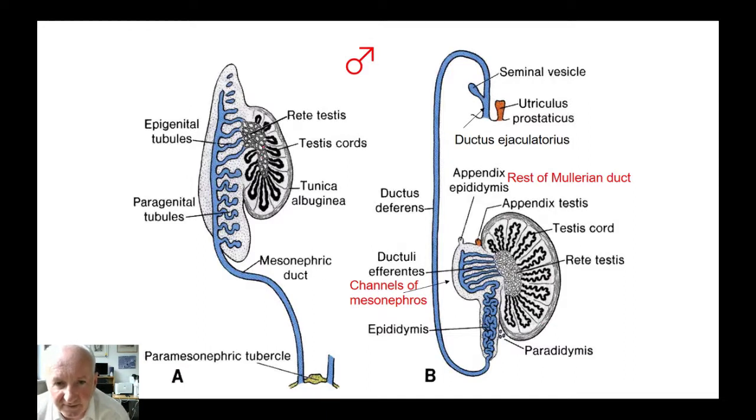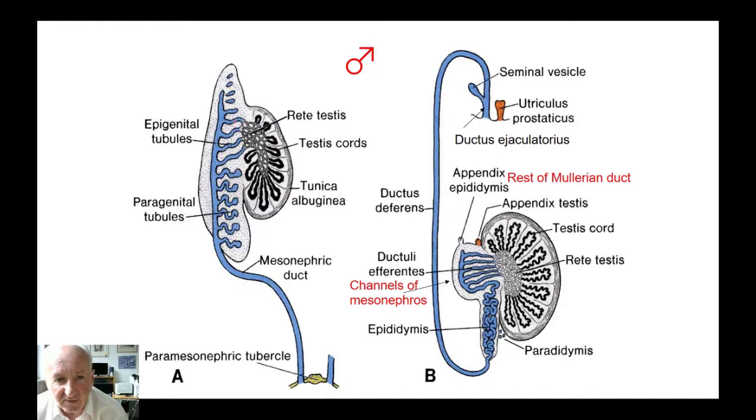So, you feel the developing seminiferous tubules, tunica albuginea on the surface, surrounding the seminiferous tubules, and the mediastinum testis with the spaces rete testis.